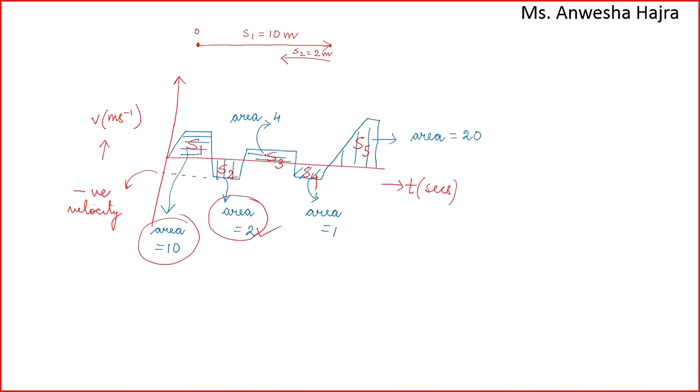Next S3 is 4, but velocity is positive. Positive means you're again going away from the starting point. This is my starting point.